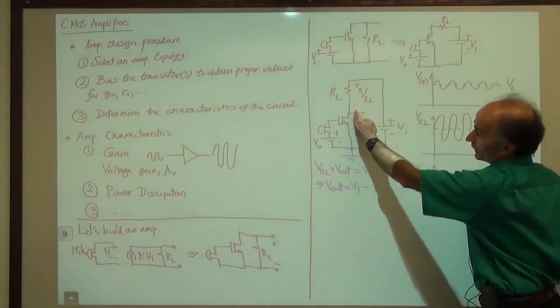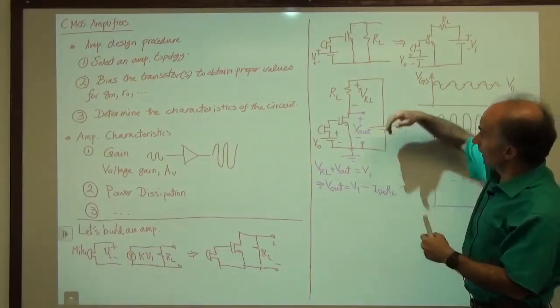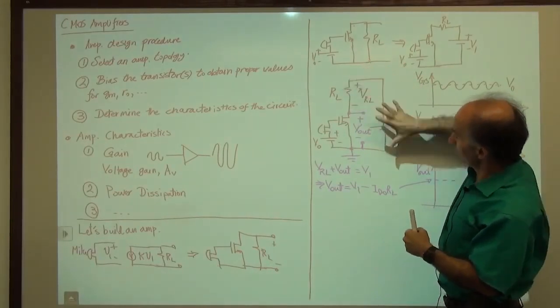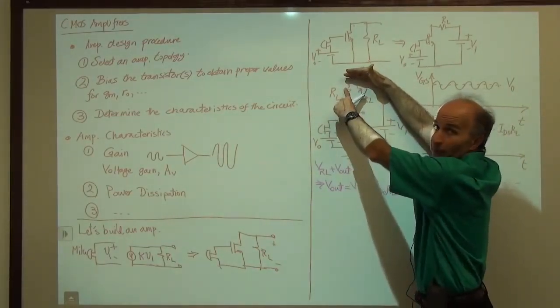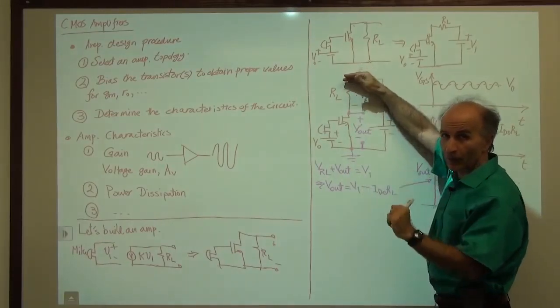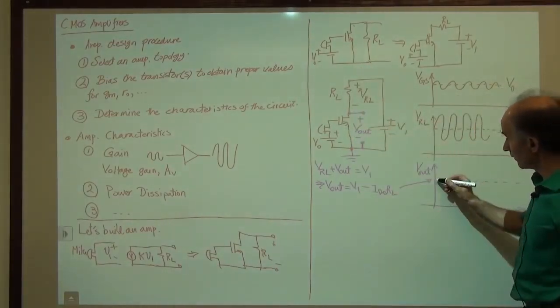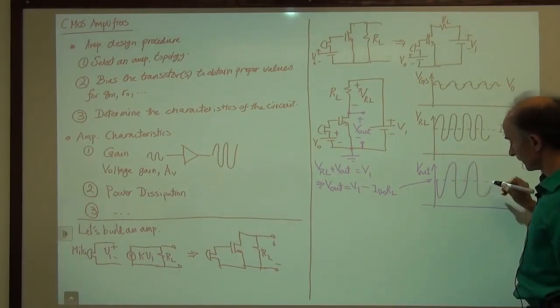As we draw more current from this resistor, this voltage goes down because this point is fixed, right? And RL needs a greater drop on it because the current through it is increasing. So the only way is for this voltage to go down. That's a critical point. So now V out begins to go down, and it goes up and goes down and goes up and so on.